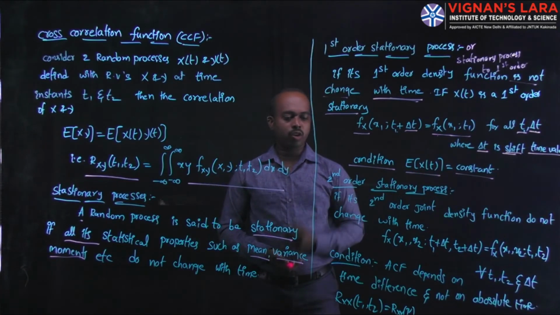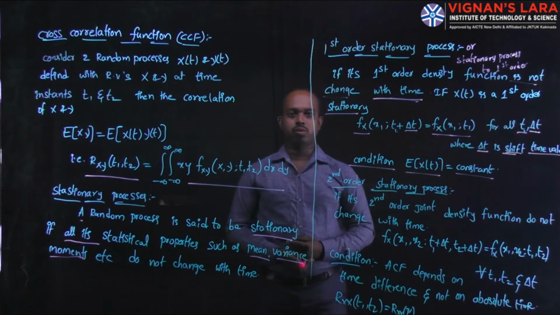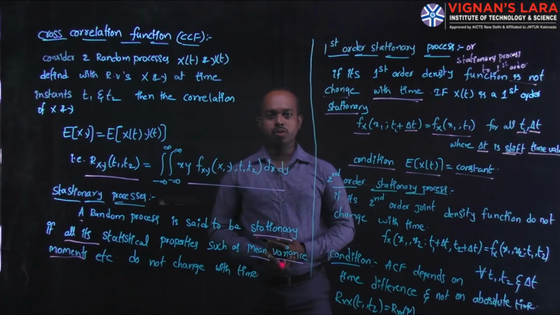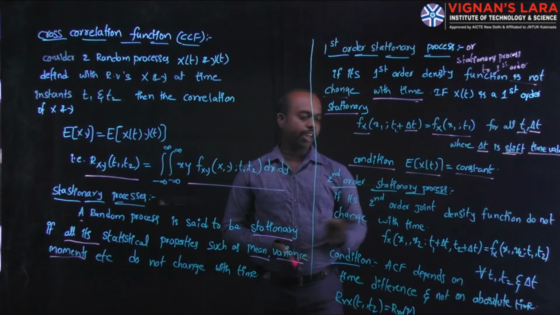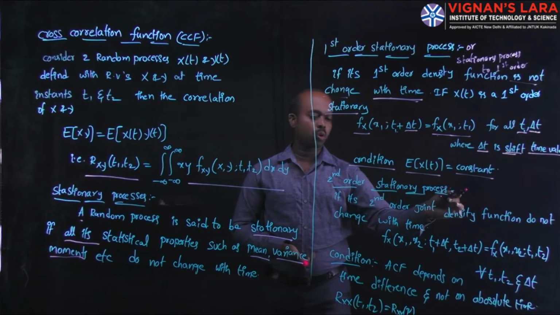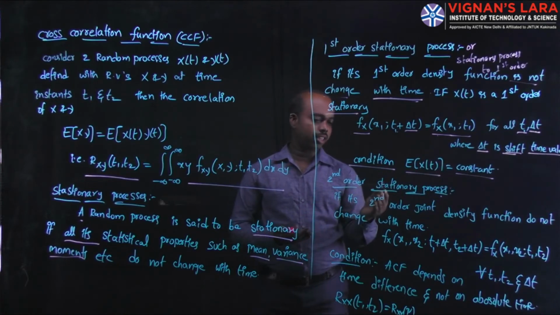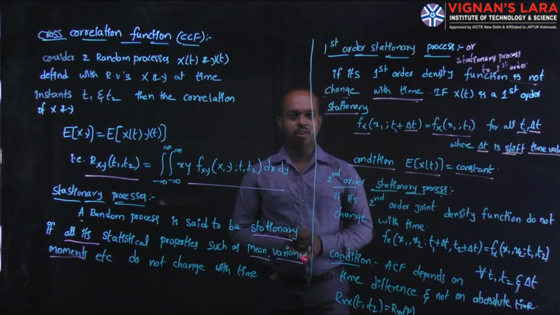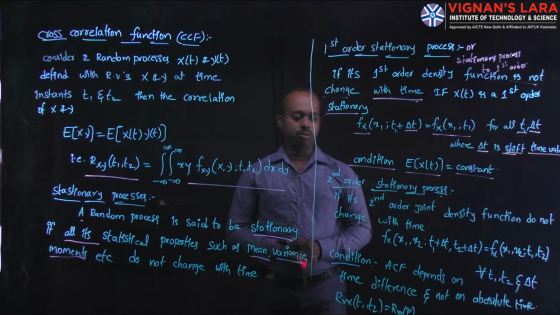The second one is the second order stationary process. Otherwise we can call it a stationary process to second order.